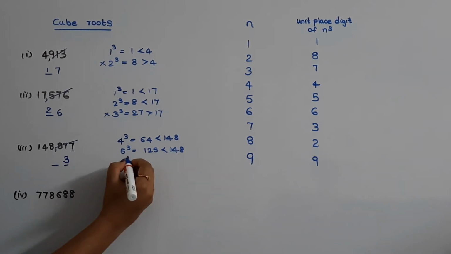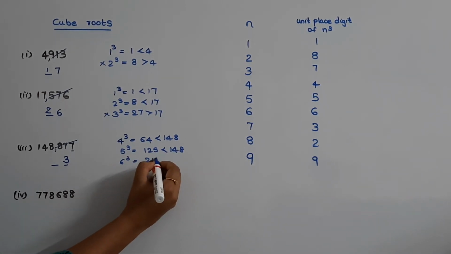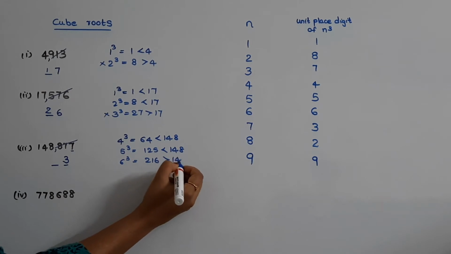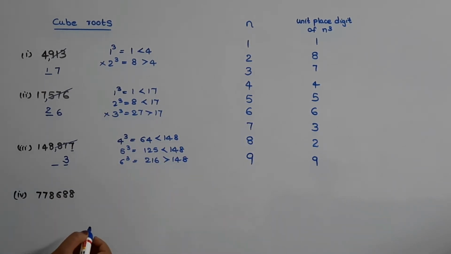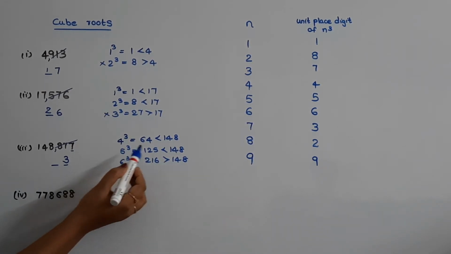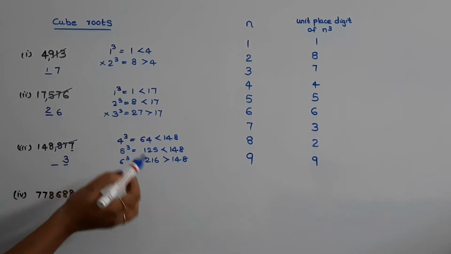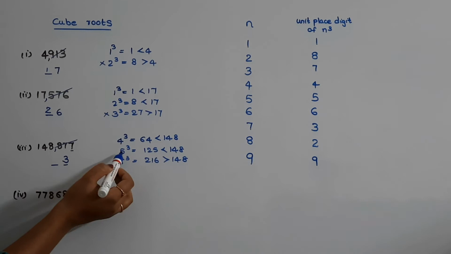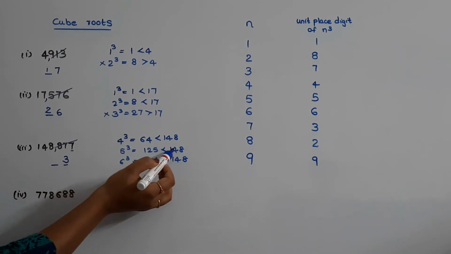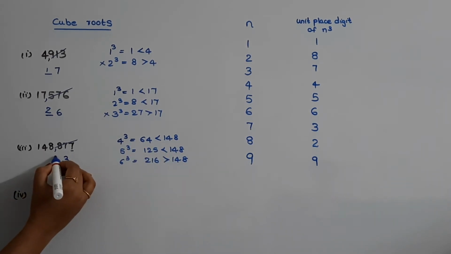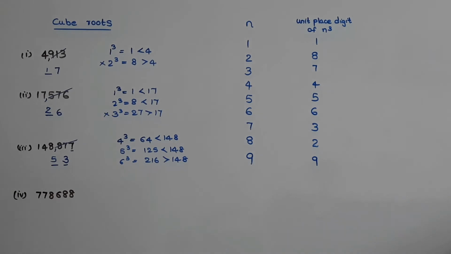Now 6 cube is 216, but it is greater than 148. So which is the largest number whose cube is less than 148? That is 5. 5 is greater than 4. So 5 is the largest number whose cube is less than 148, so that we need to use here. So the cube root of this number is 53.